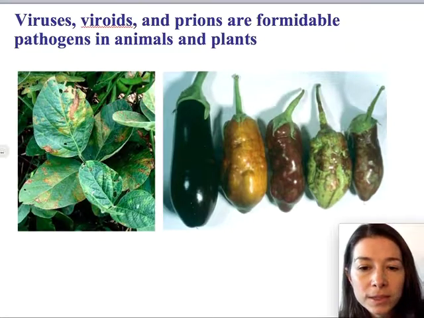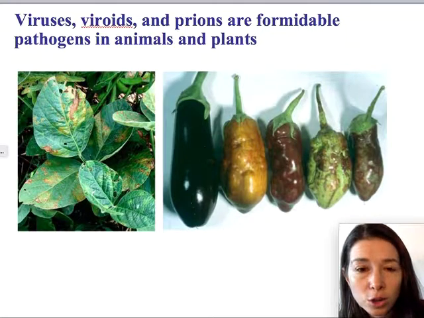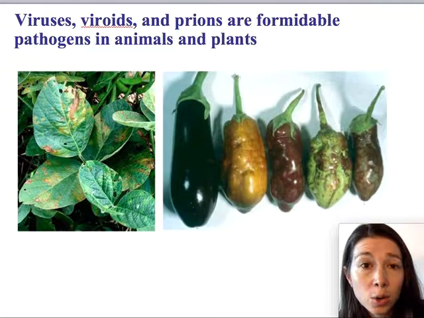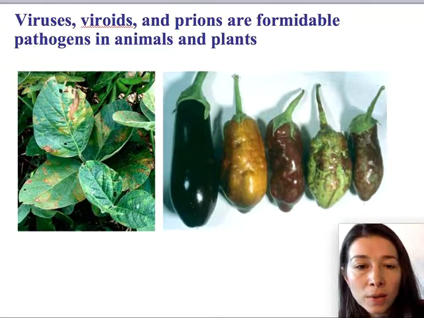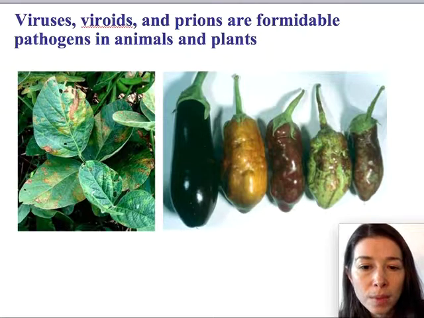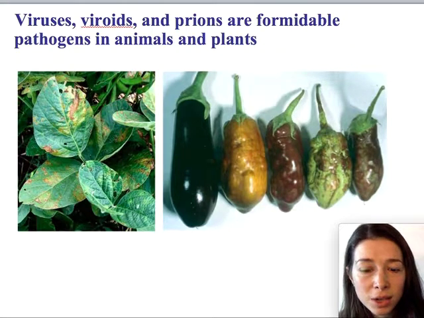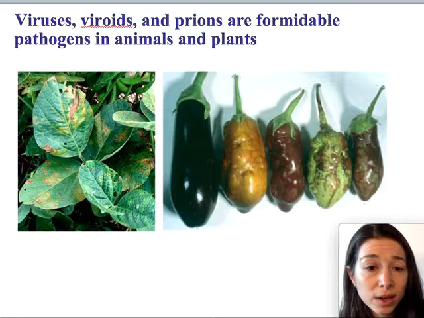Of course viruses have a significant effect on the health of our agriculture and our animals, as well as an effect on our own health. So we are very interested in learning more about viruses and their life cycle and what makes them resistant to various treatments. Viruses are not subject to antibiotics.